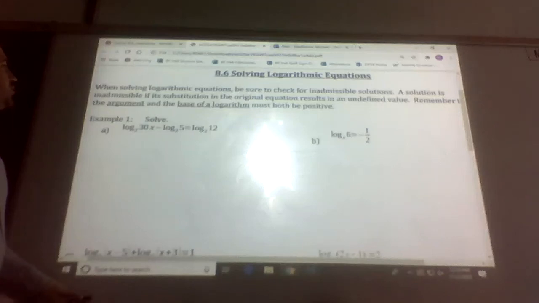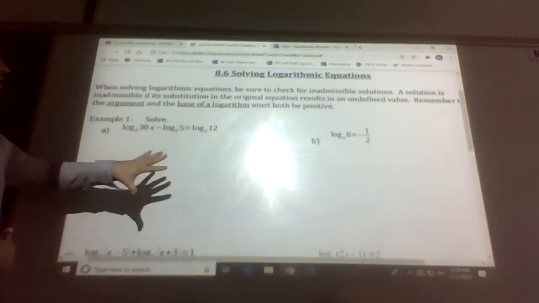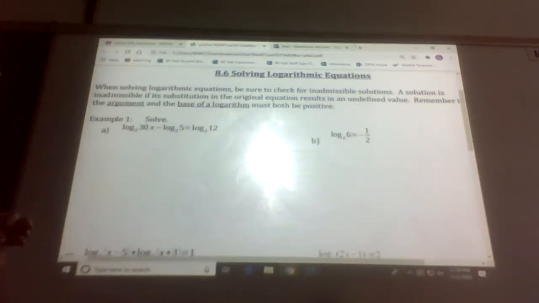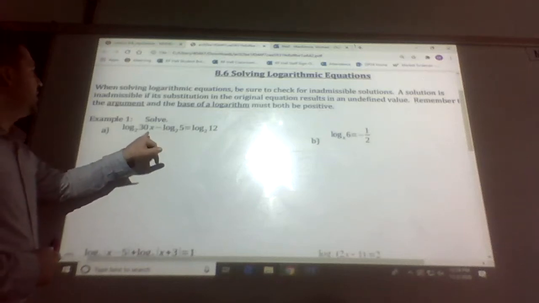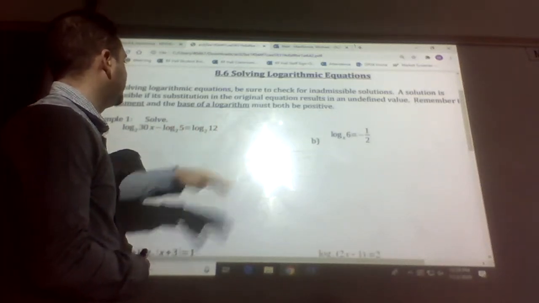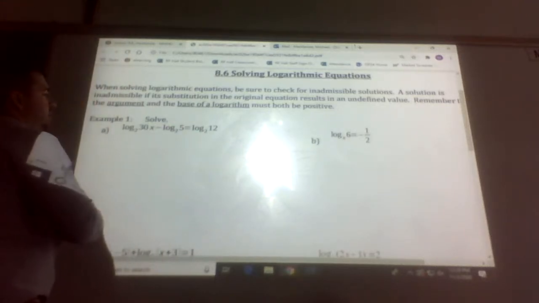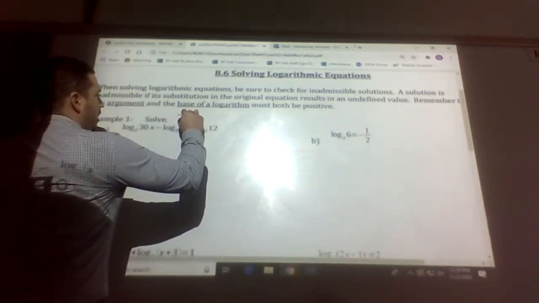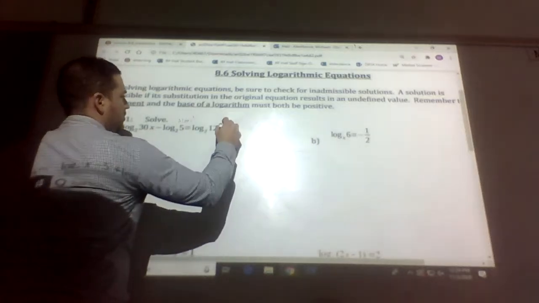Okay, so let's simplify. Let's see what we could do. Okay, so how about we have an x on this side, so let's leave it on this side. We're going to move the log base 2 of 5 onto the other side. So we're going to add log base 2 of 5 on both sides.